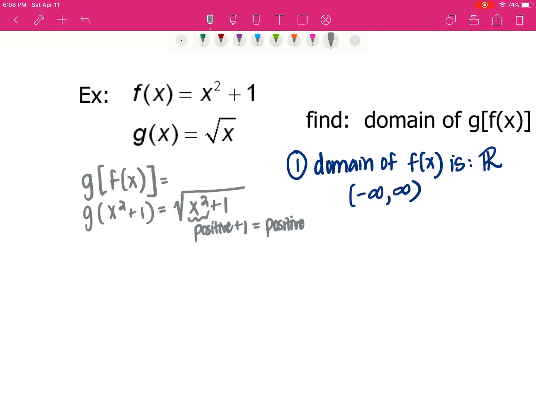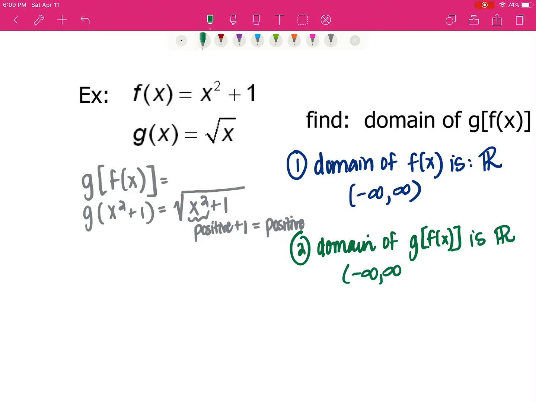And that's going to happen no matter what because of the squared. So the domain of g of f of x is, again, all real numbers, or negative infinity to positive infinity.